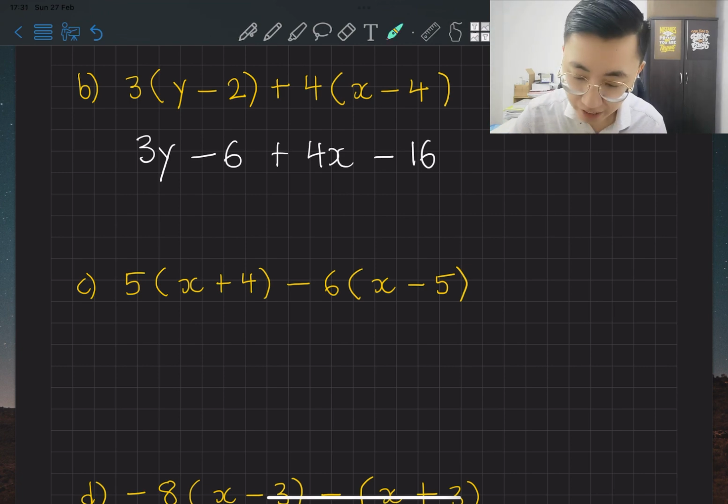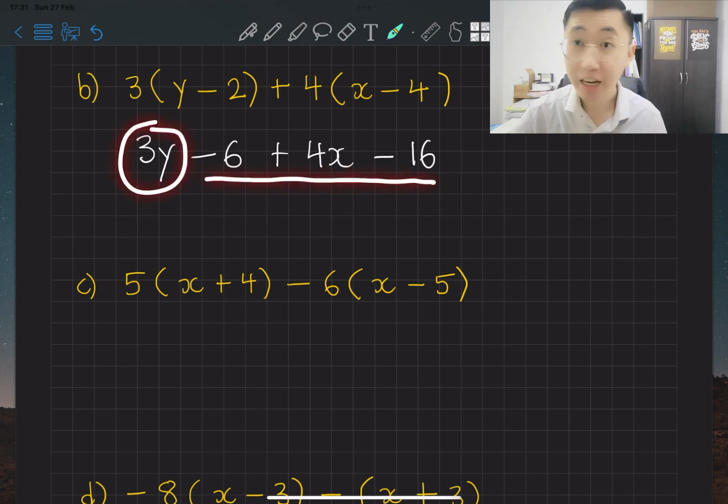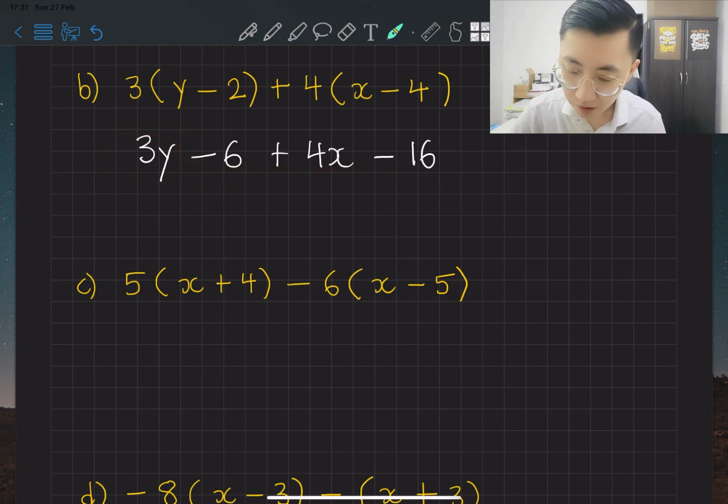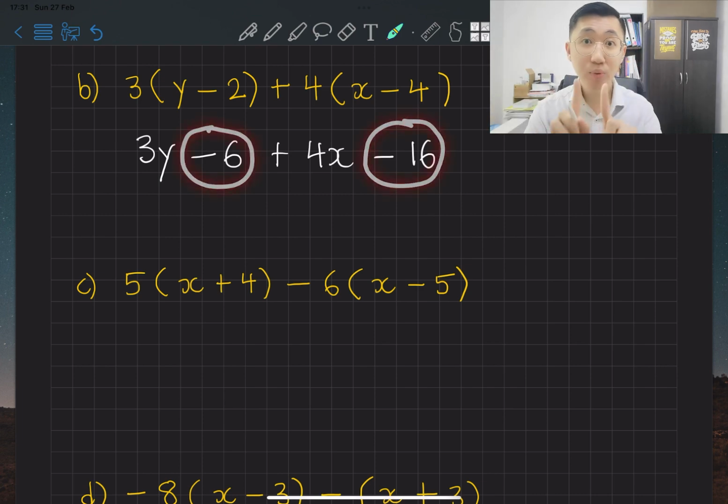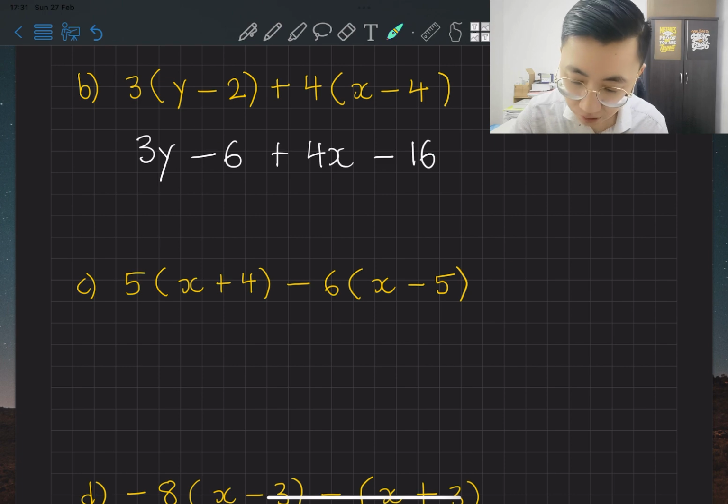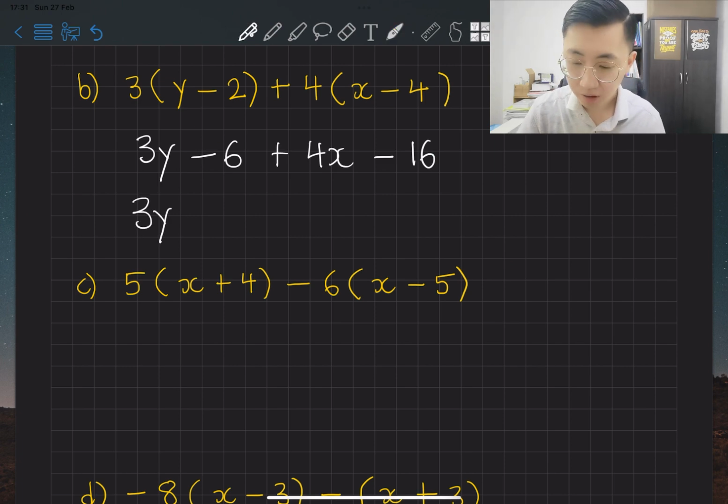After that you need to combine the like terms, remember? I don't see any y family here, so we cannot do anything to y. Now let's look at the number and the number here. Numbers can combine, so let's do that. 3y we copy back because we can't do anything. Now minus 6 minus 16 will give you minus 22.